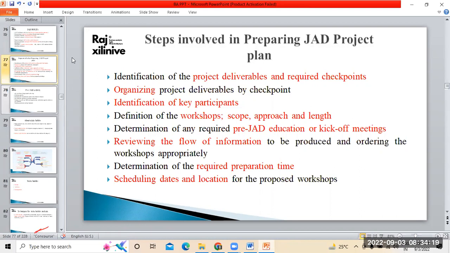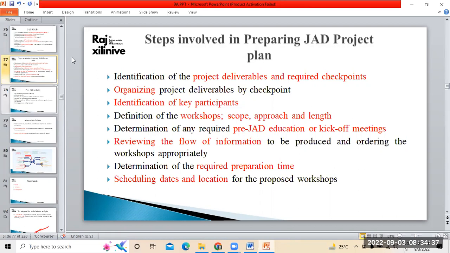Scheduling the dates, followed by the location of the proposed workshop, is what we have to do here. So these are the steps involved in conducting a JAD project plan. Because as part of requirement elicitation activities, again I'm repeating, the JAD session is one of the activities you're doing.